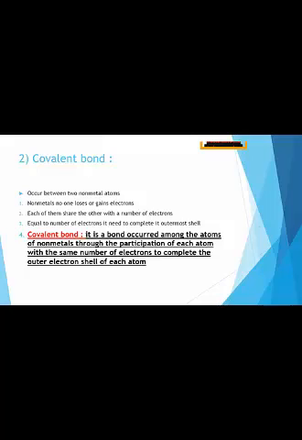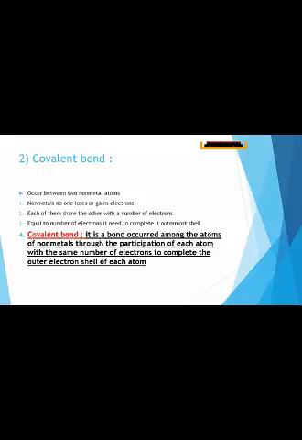Again, in this type of bond, no atom will gain or lose electrons. Every atom will share the number of electrons it needs to be completely filled.